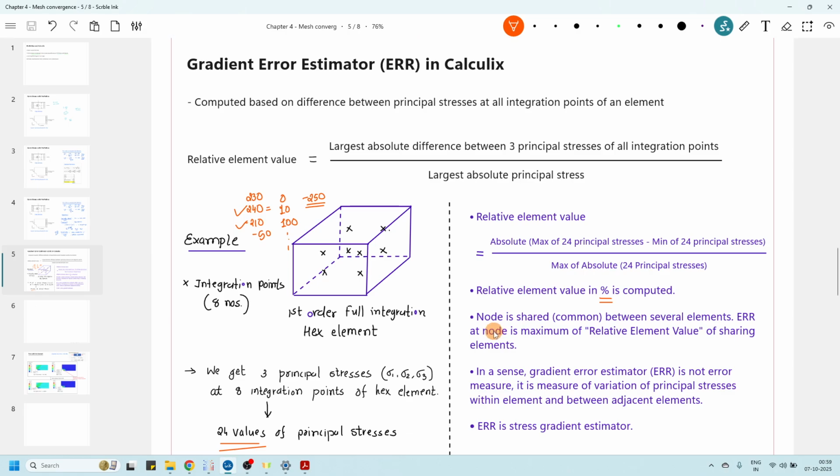Now to get ERR at node, we know the node is shared by several elements, for example this node. Now I am not drawing hex elements, just for understanding purpose.